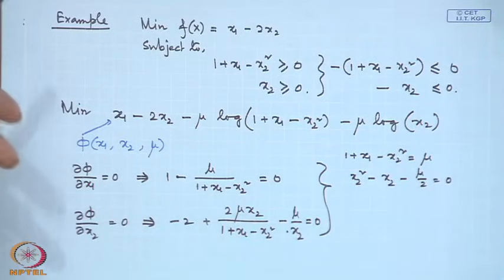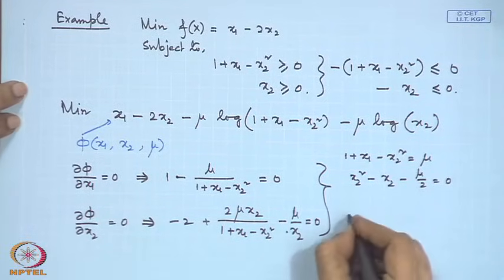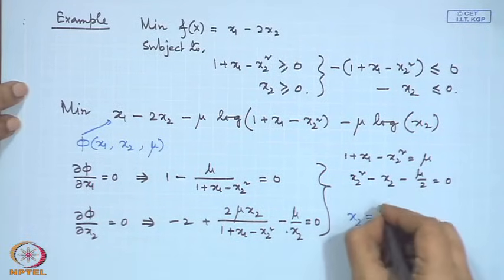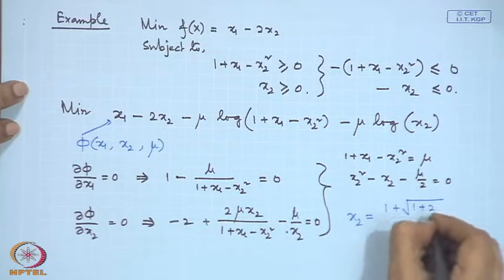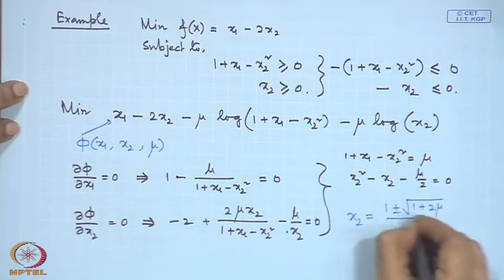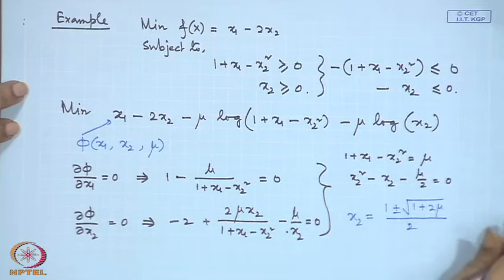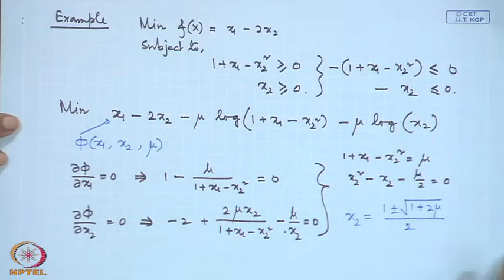And from here we get the value of x2 as 1 plus or minus the square root, divided by 2. Now, only the plus is the feasible solution, so we will not consider the minus at all.